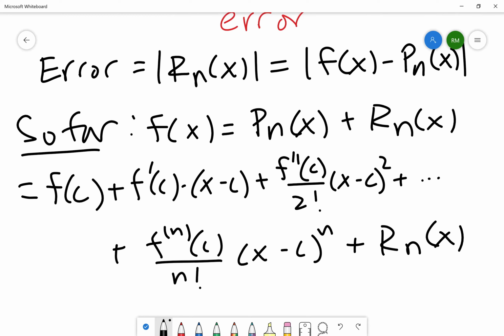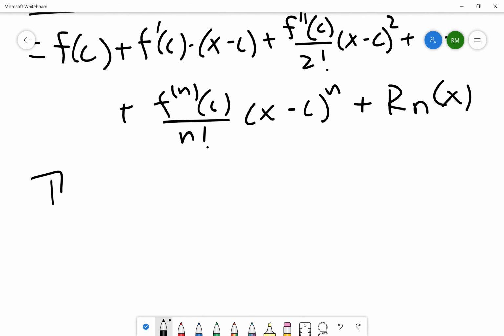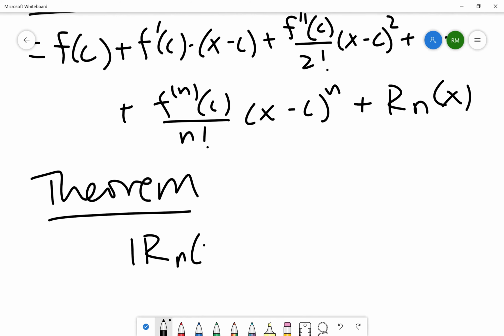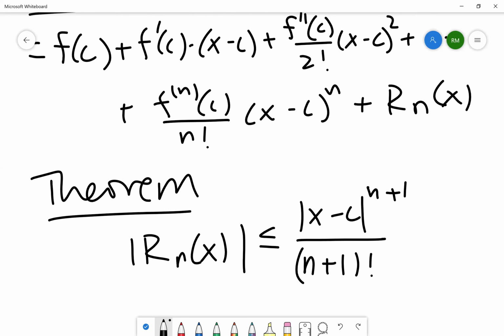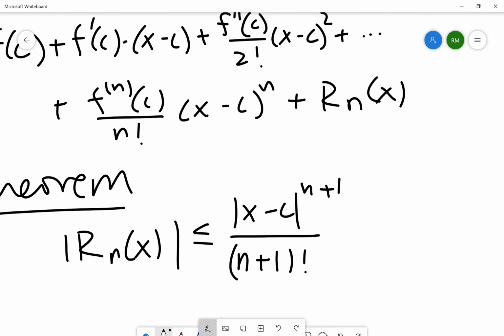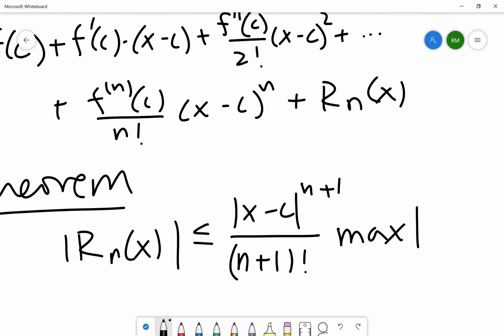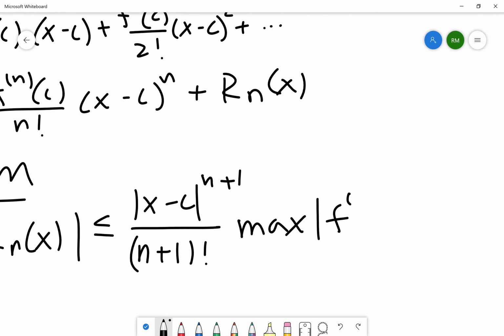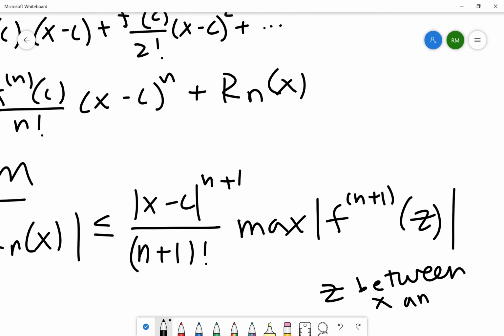So the theorem tells us this. Our theorem, which we're going to call our remainder theorem, tells us that the size of my error is less than or equal to x minus c raised to the n plus 1 power over n plus 1 factorial times the maximum of the n plus 1 derivative at some number z, where z is between x and c.